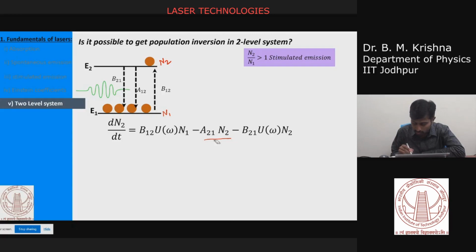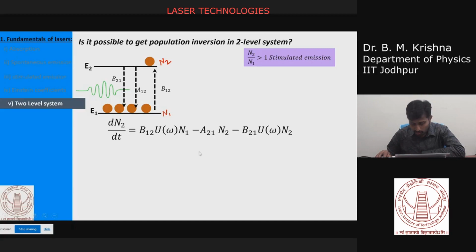And the third term is due to stimulated emission. Due to the stimulated emission, you are losing the excited atoms in the E2 state. So by stimulated emission, you have your input intensity, or your pumping triggering pulse, and the population of the E2 state. So now this is the overall equation for your state E2, the rate of change of the number of atoms in that state.